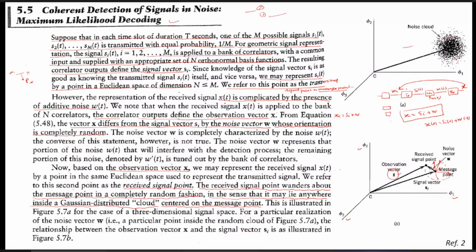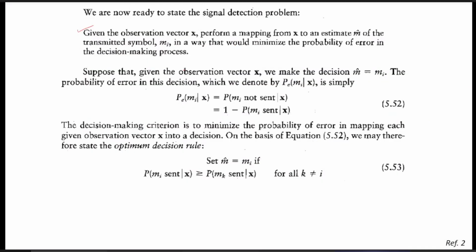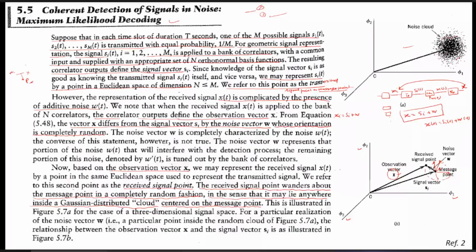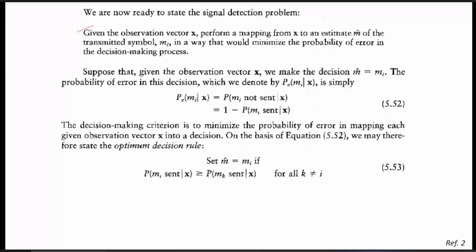So further, our aim in the detection problem is that, given the observations vector x, perform a mapping from x to an estimate m cap of the transmitted symbol m_i in a way that minimizes the probability of error in the decision making process. If we are able to get the solution of this problem, that is nothing but maximum likelihood decoding.